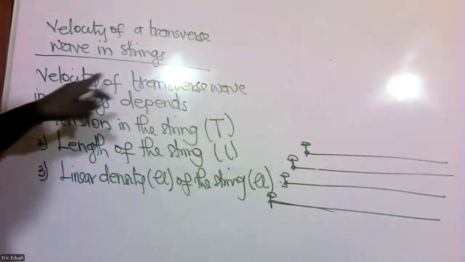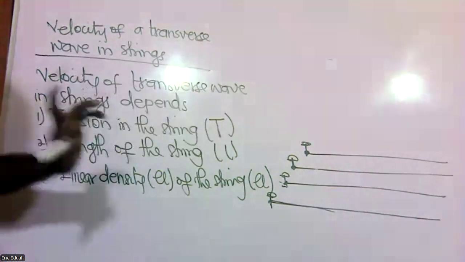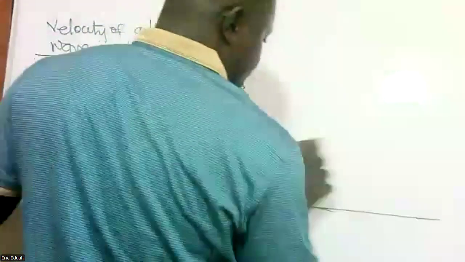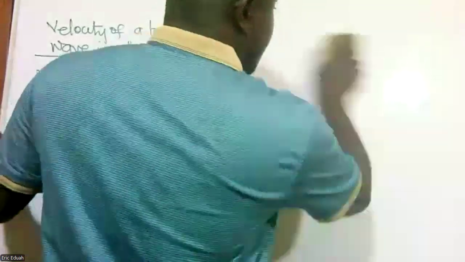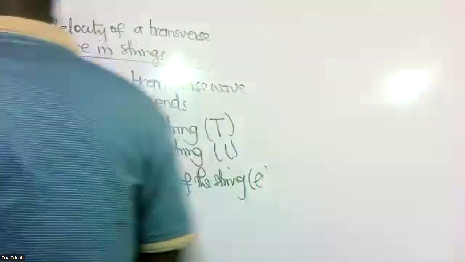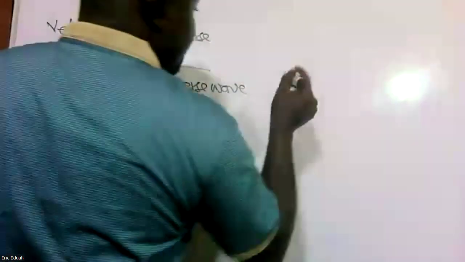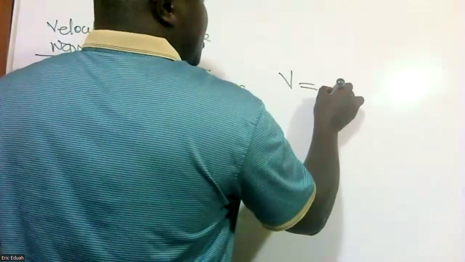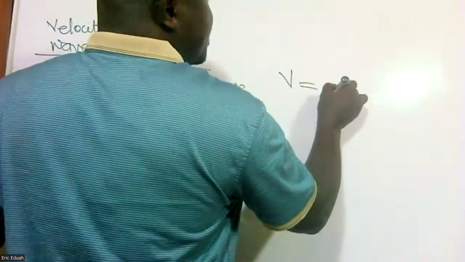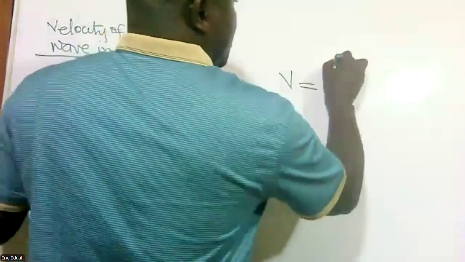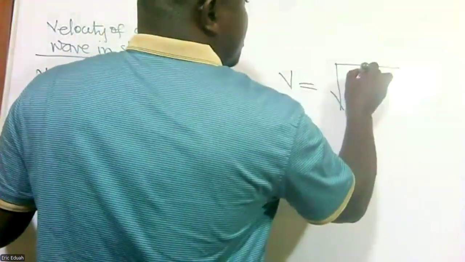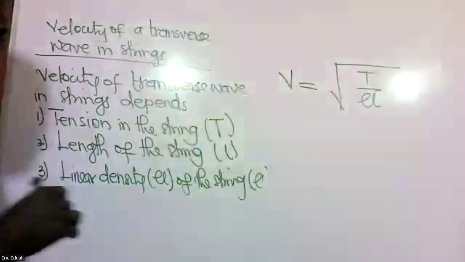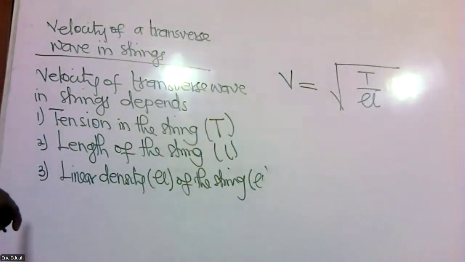So velocity of transverse wave in strings depends on these three factors by this equation. V is equal to the square root of T over mu. The length will come in later.